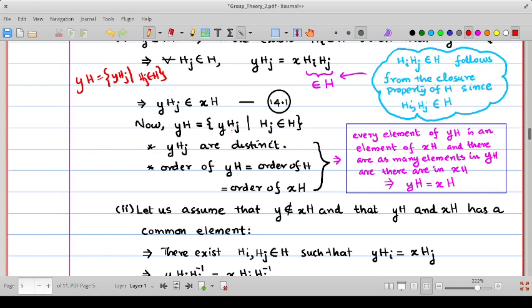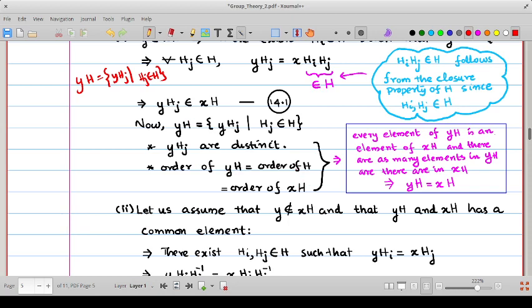Now we can also see that the order of the coset yH is simply the order of the subgroup H, and similarly the order of the coset xH is also the order of the subgroup H, and therefore the order of yH is equal to the order of xH.